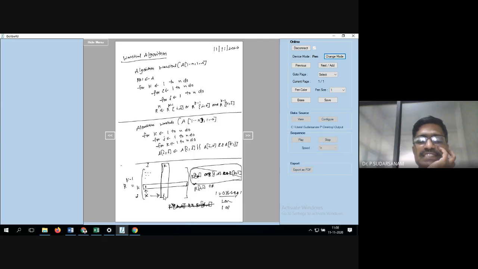If you take i to k and k to j, or if you write k to j and i to k, whatever you want we can write. Multiply the selected row and selected column, that's it. The selected row is the k you are taking. So i comma j is to read the elements you are taking. That is the reason for i to k and k to j. That's it. Your program over.